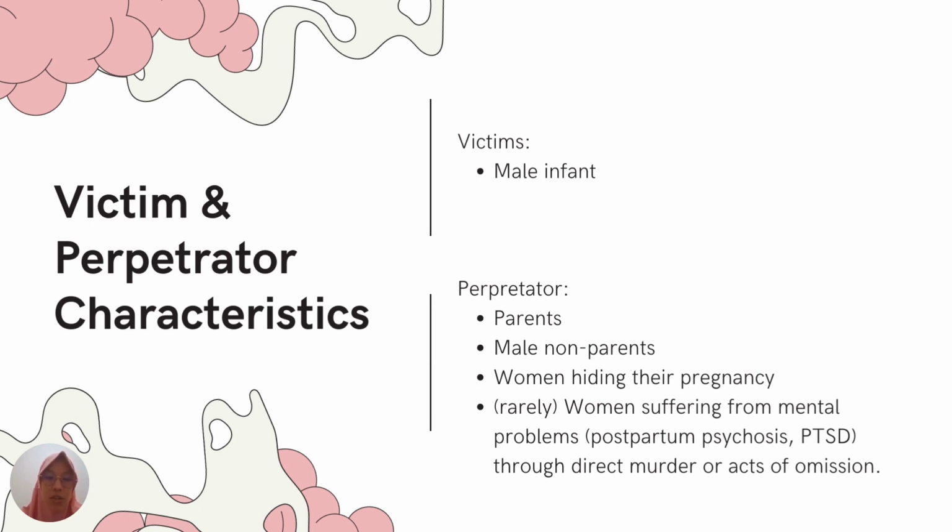This is usually in the terms of neonaticide, and is done usually a short time after the birth of the child, because the woman wants to hide her pregnancy due to shame or opposition from family. And although this is rare, a lot of cases of infanticide are committed by women suffering from mental problems, and this could be in the form of postpartum psychosis or PTSD.